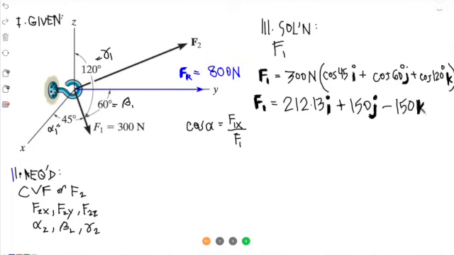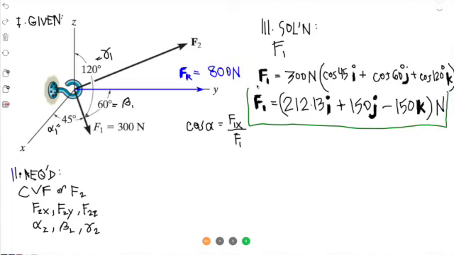Don't forget to write the unit, which is newtons. So this is now our Cartesian vector form for our first force.